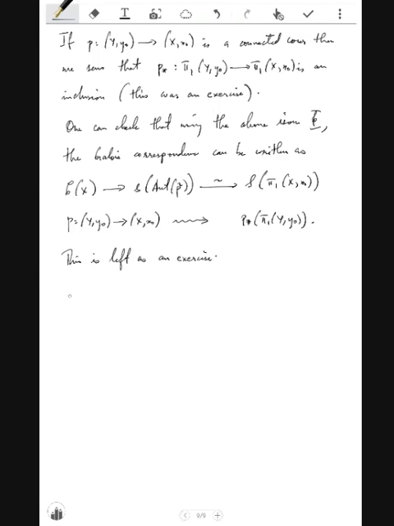So finally, we state the following important theorem without proof.